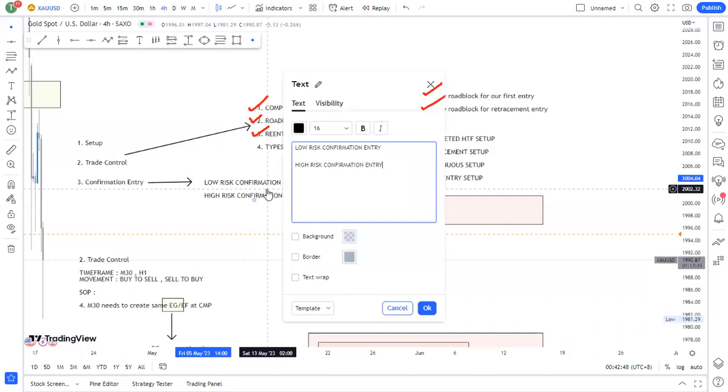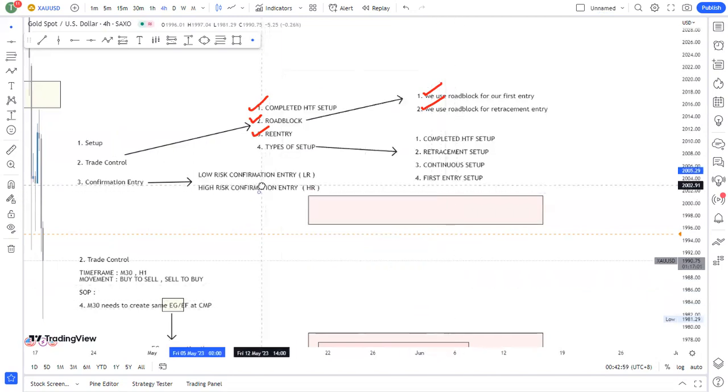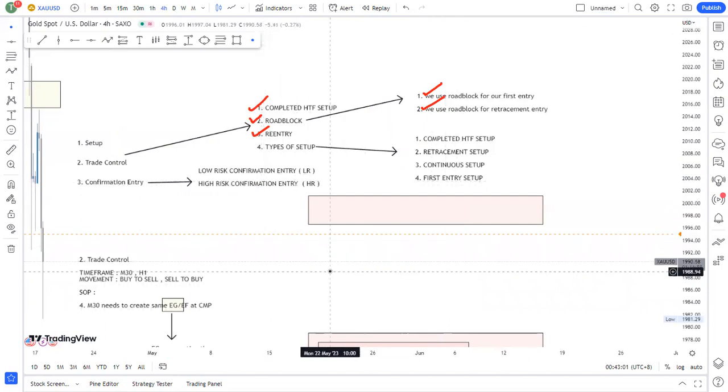This one we call HR, high risk, and this one we call LR, low risk.